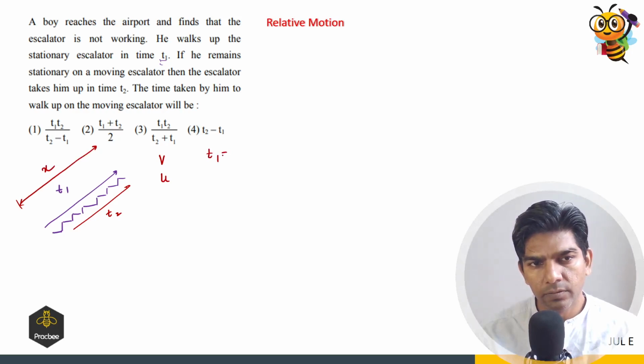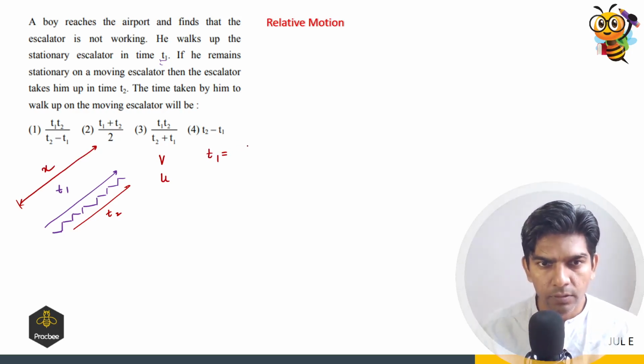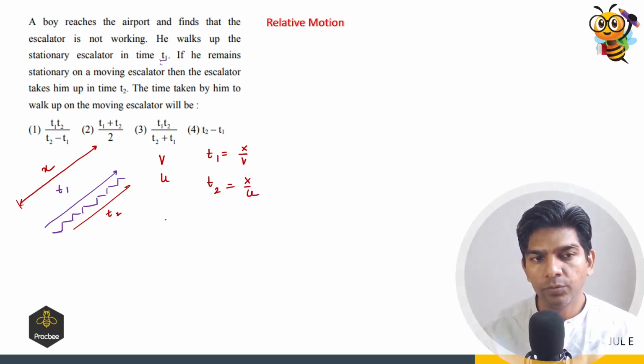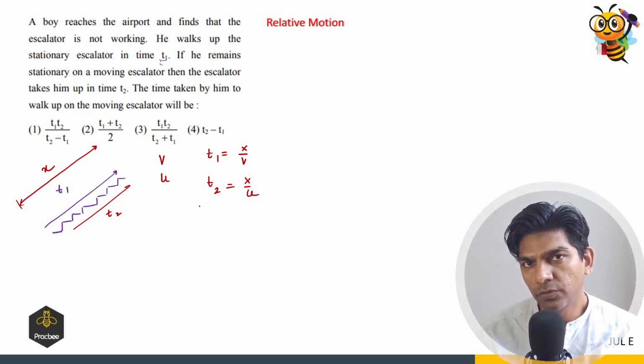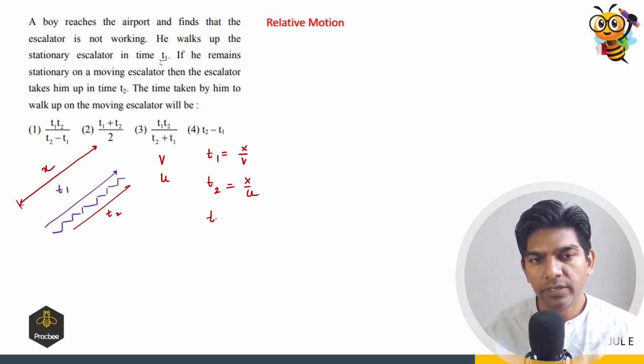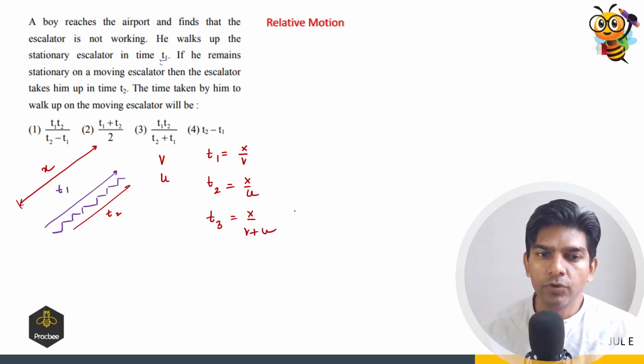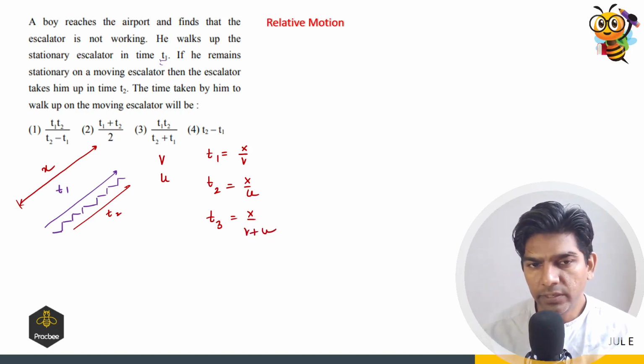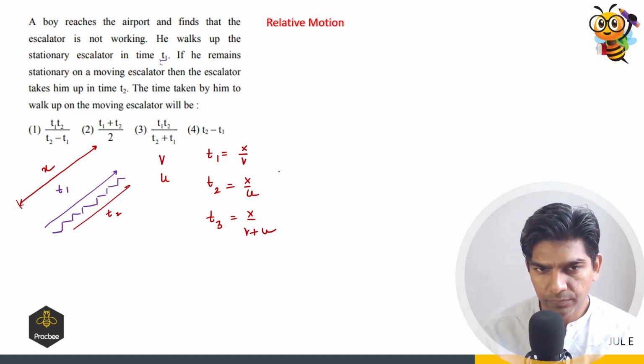So t1 will be distance upon speed and t2 will be distance upon speed, and if both are moving then the velocity of the boy will be u plus v. So t3 will be distance upon speed. Now from these three equations we have to find t3. Let us eliminate x.